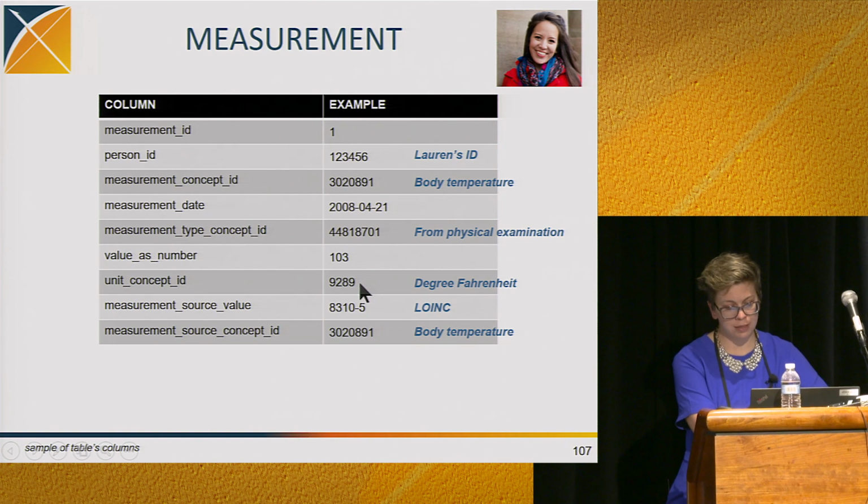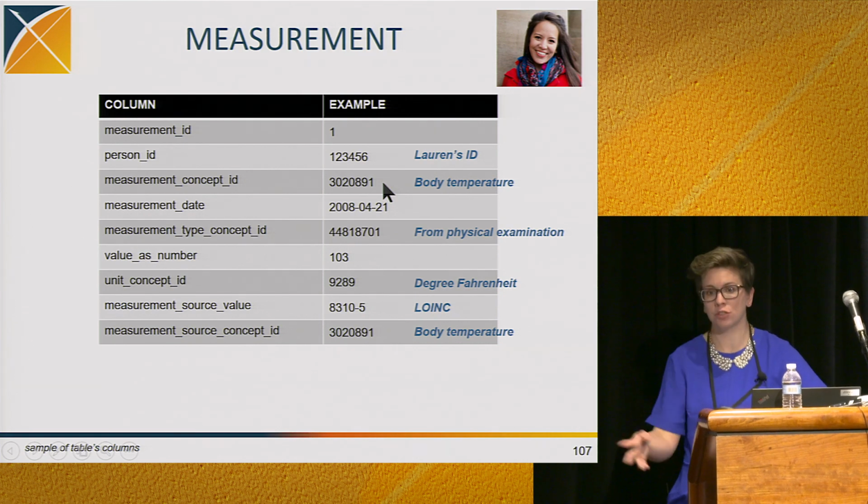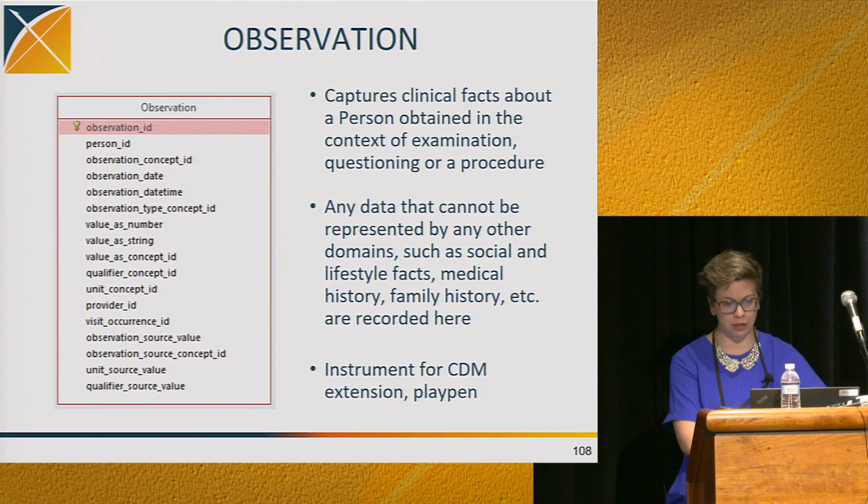The units were degrees Fahrenheit, it had a date, and it tells you where it came from. There was some kind of physical examination while she was in the hospital. And then we can standardize that to a concept. So if we want to go find body temperatures, we can look with a standard concept.